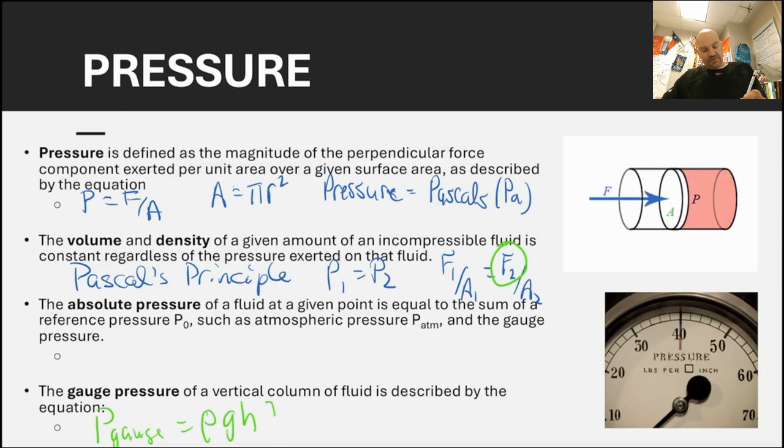Okay, so it's basically how much of the fluid above you is going to affect you, and then the same fluid will have the same pressure at the same depth.